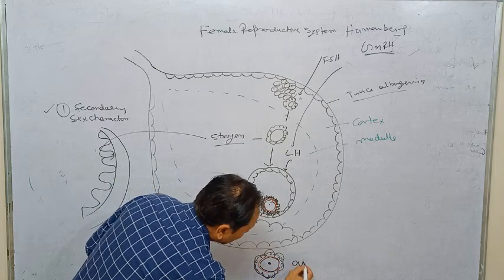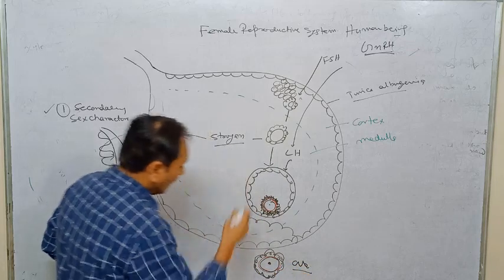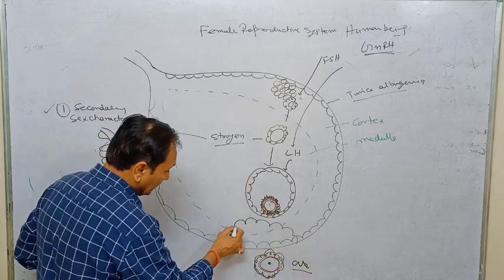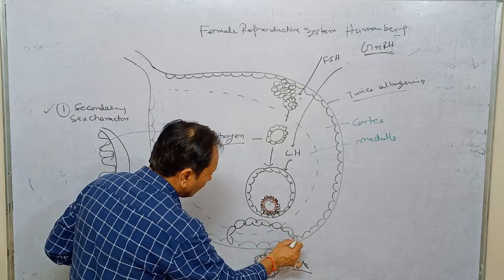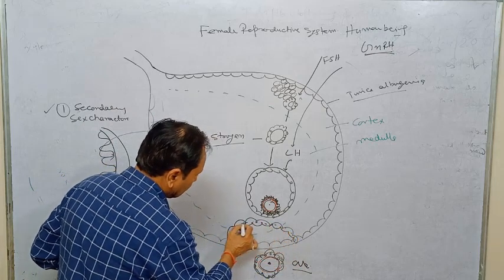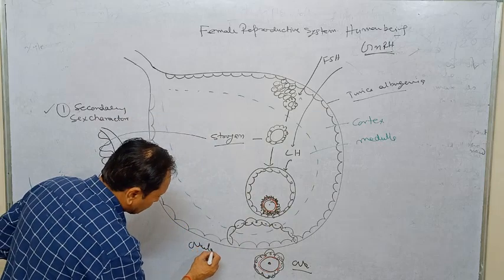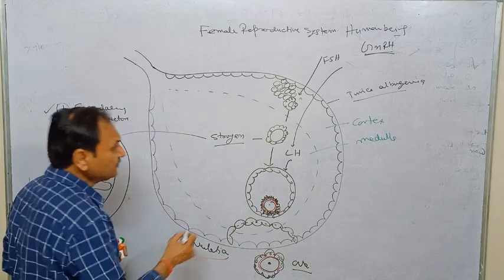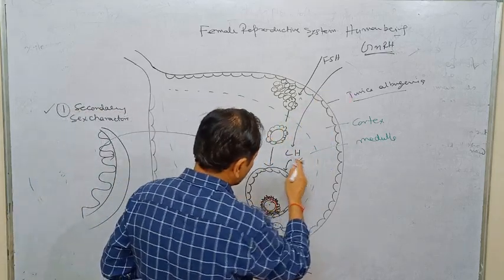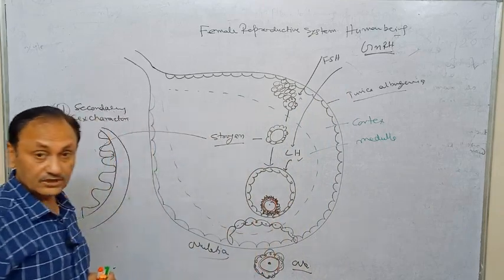This is called ova, and this process where certain remaining parts are also present here is called ovulation. It means the first function of the LH is ovulation.